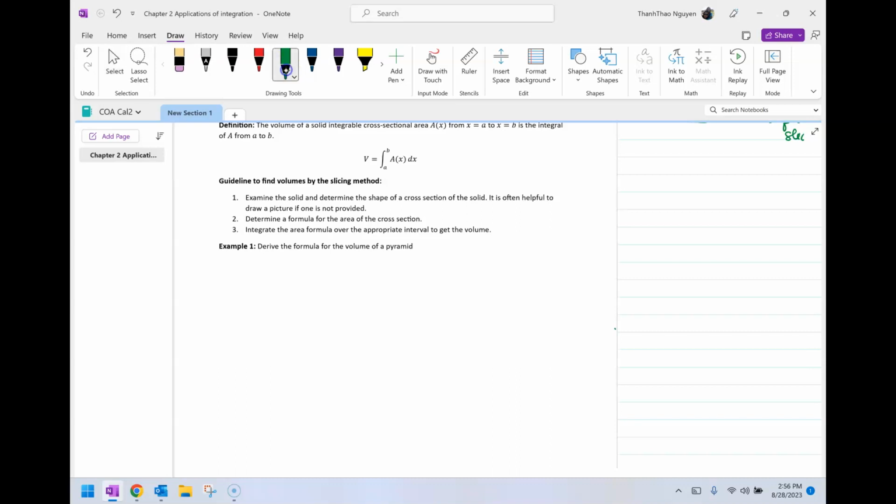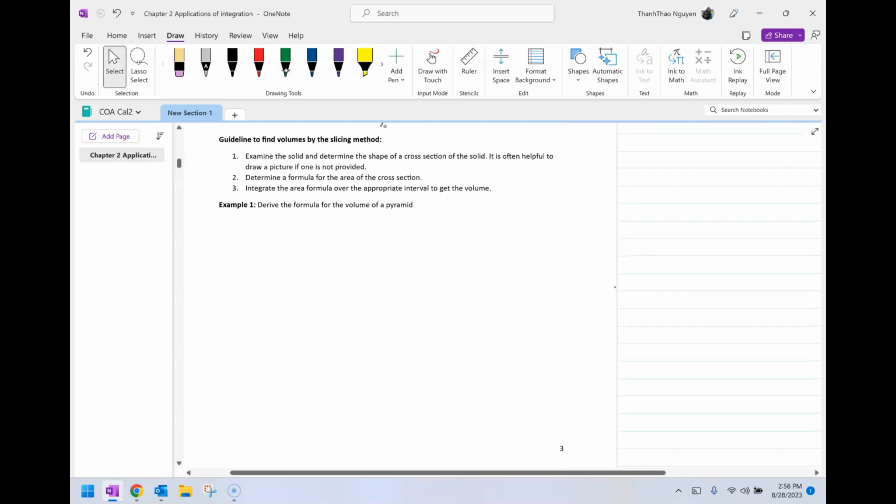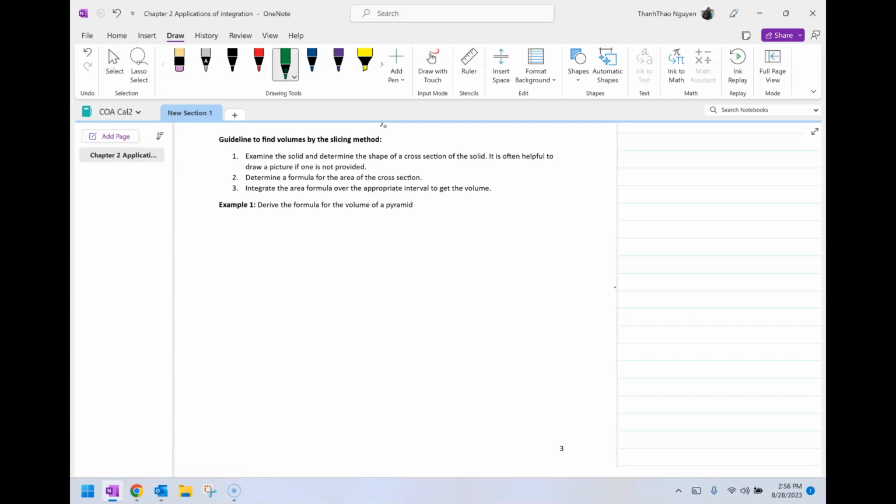First, let's draw a pyramid in a way that the center of the pyramid is on the x-axis. I'll draw this picture a little distorted so that we can see what it exactly looks like.